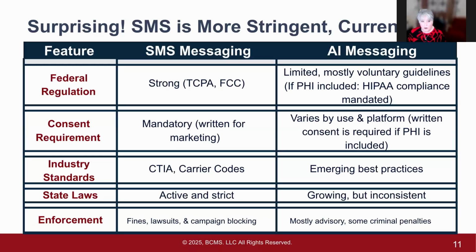So you've got federal regulations, you have consent requirements, very specific written consents for marketing. And then you have a lot of industry standards. Again, state laws have really become quite robust and very, very strict about SMS messaging.